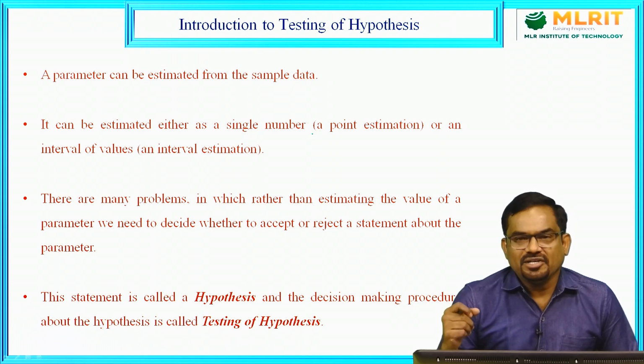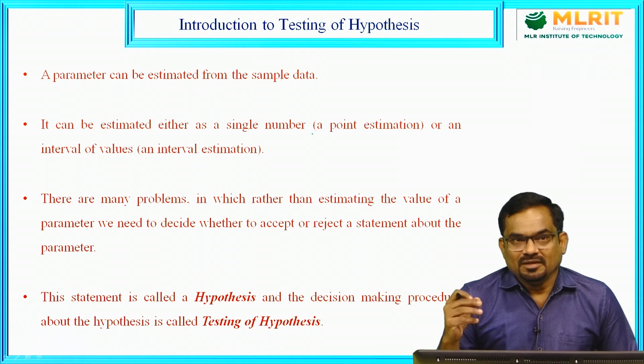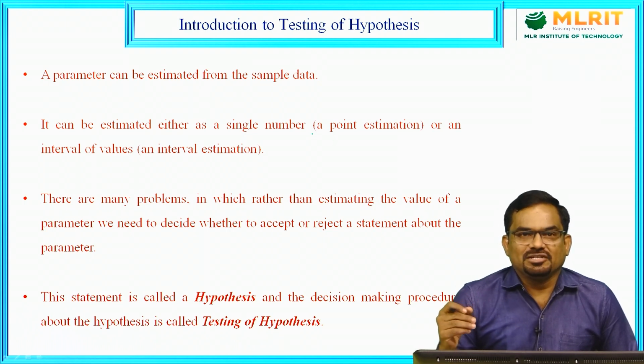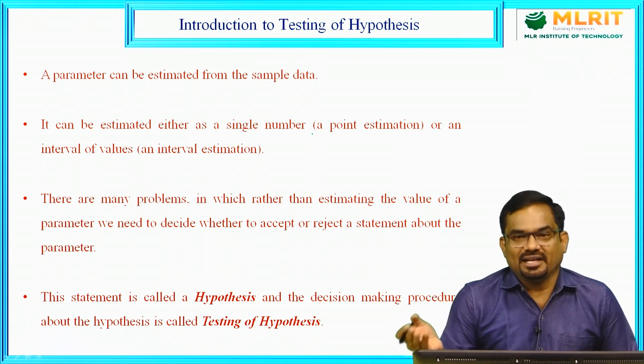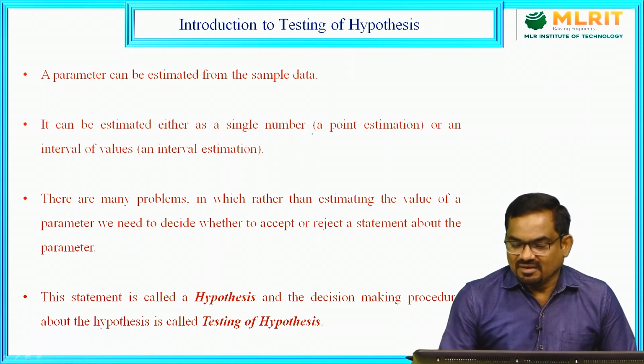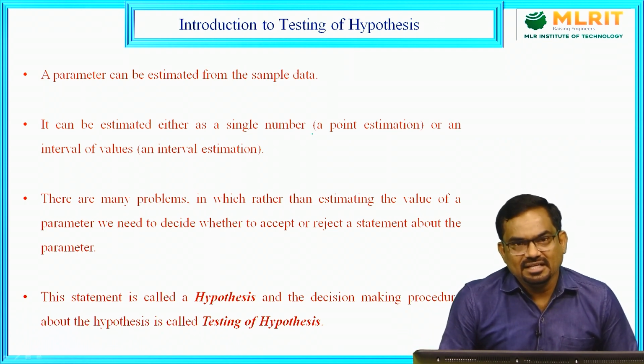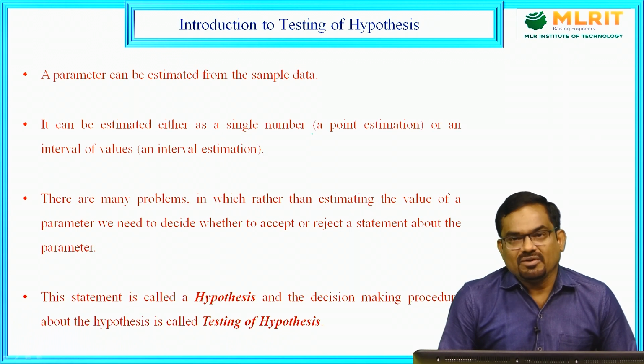So a parameter means a statistical measurement calculated using a population. And this parameter can be estimated using the sample data itself. Also, it can be estimated either as a single number or an interval of values.